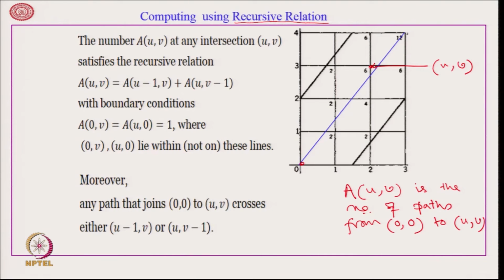Let us note that the last transition to come to (u, v) will be either from this point or from this point, and this is nothing but (u, v−1), the same value of x but height less by 1, and this one is (u−1, v).